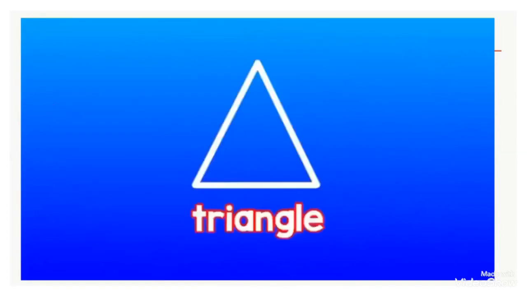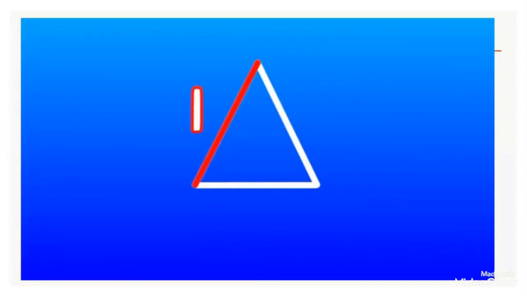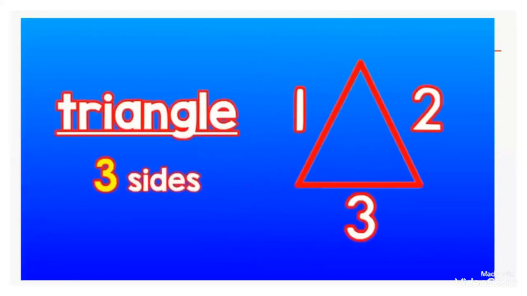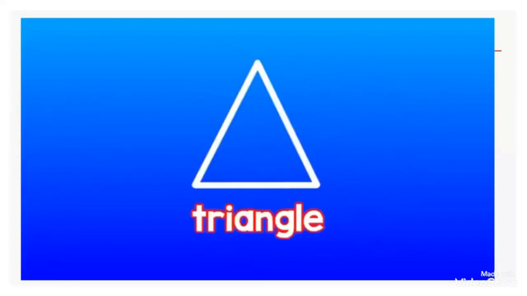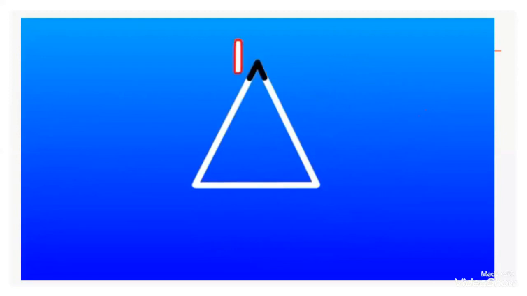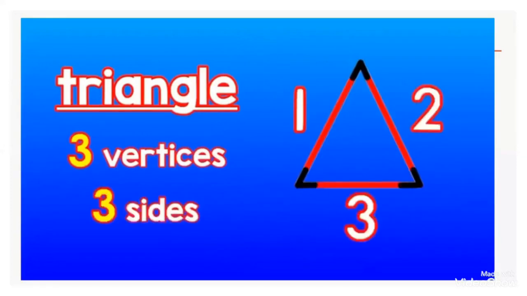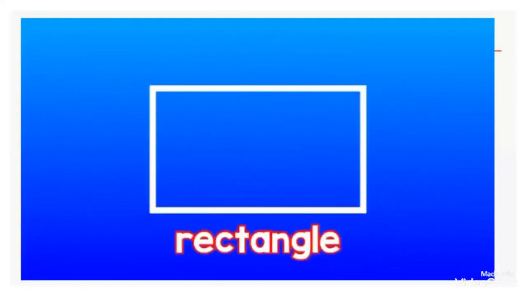This is a triangle. Let's count the sides of a triangle. 1, 2, 3. A triangle has 3 sides. Let's count the vertices of a triangle. 1, 2, 3. A triangle has 3 vertices and 3 sides. This is a rectangle.